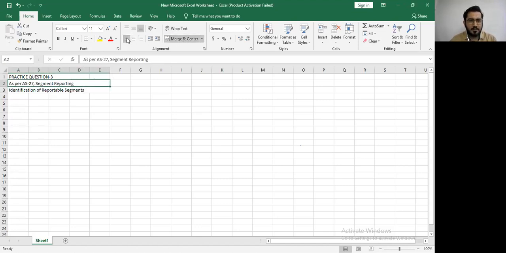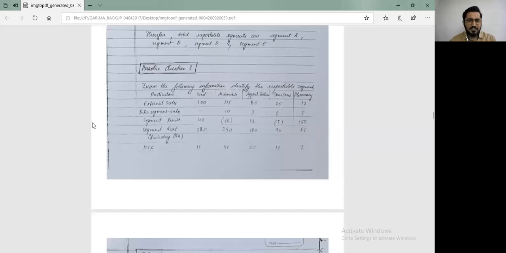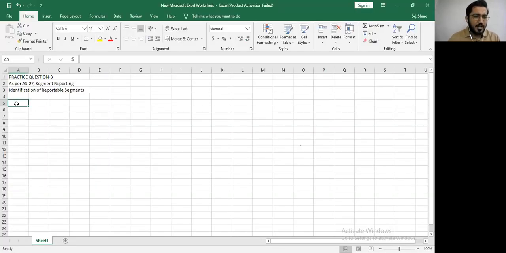Prepare a proper format. You have 5 segments. Let's prepare that.